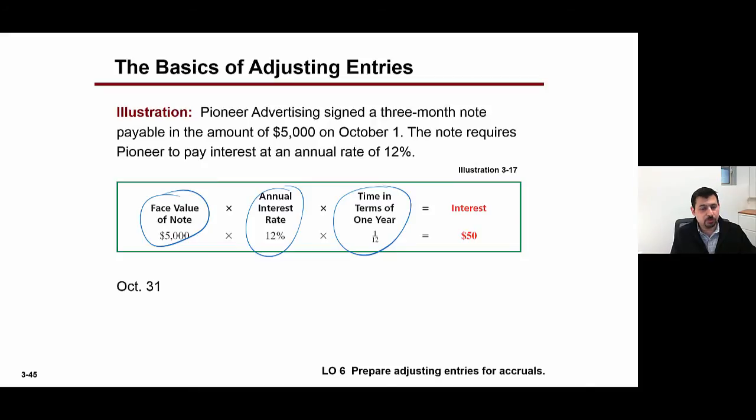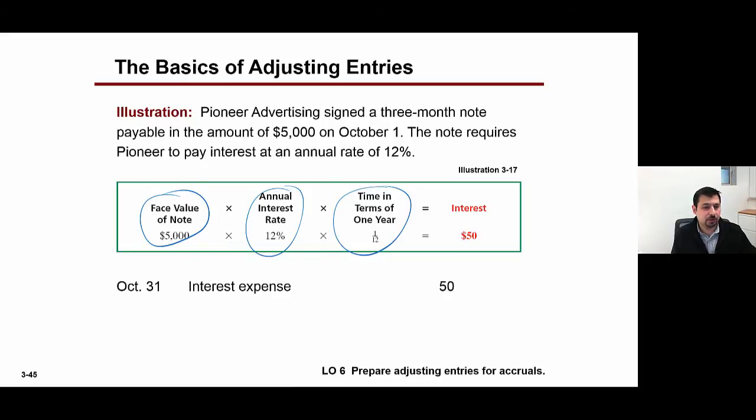So what happened here? The company, before the adjusting entry, hadn't recognized this interest that has accrued. In order to recognize the interest expense, the company debits the interest expense because it has increased.